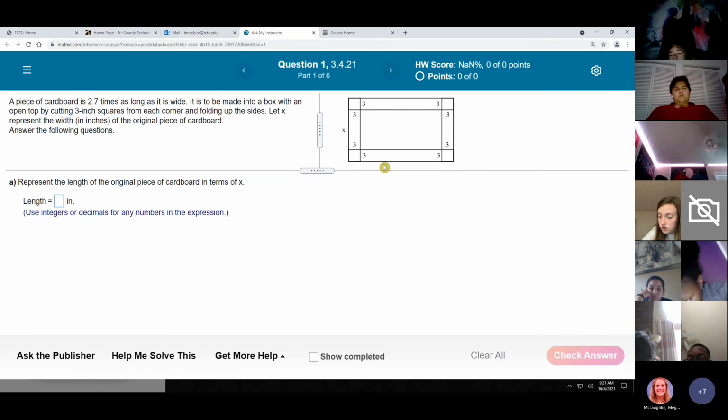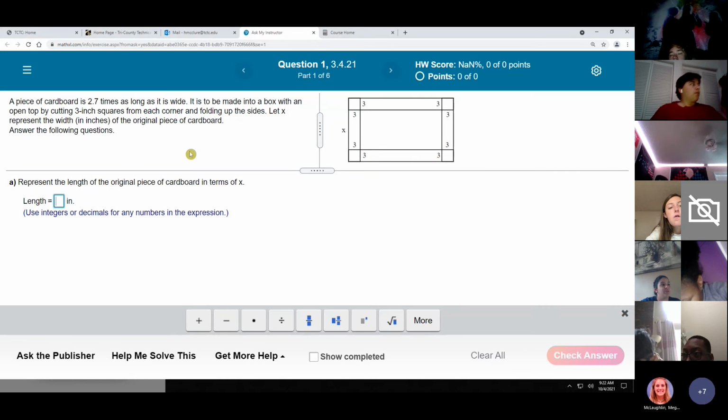I meant 3 inches and 3 inches, which is 6 inches. So the width, in my opinion, is going to be x plus 6, and your length is going to be 2.7x plus 6. Now that's how I would set it up, but I don't know. Some of these questions I've been known to be wrong. So represent the length.